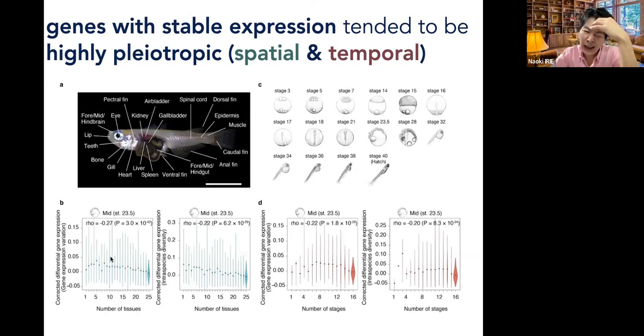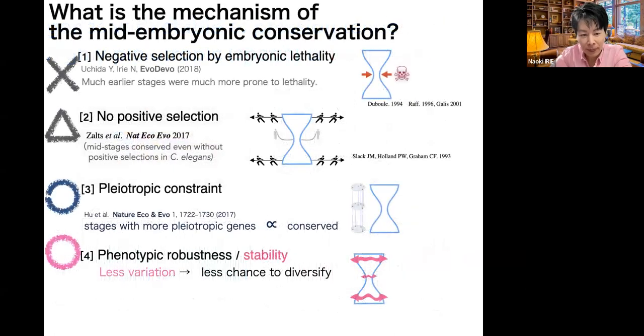And I would say a very weak signal was detected, but they won't contradict each other, at least. That's my interpretation. Very weak correlation here. So I would say maybe number 3, pleiotropic constraint and robustness, stability would not contradict each other.